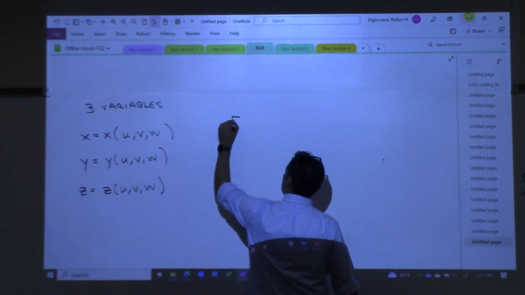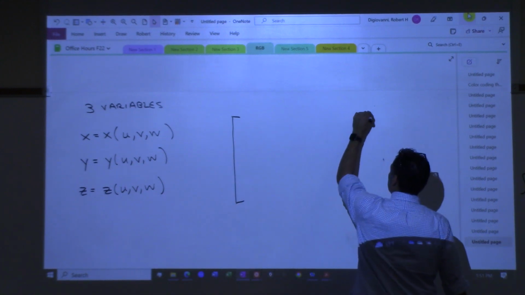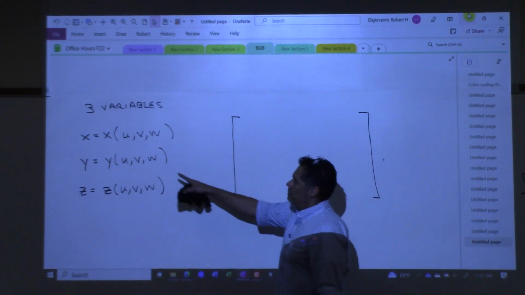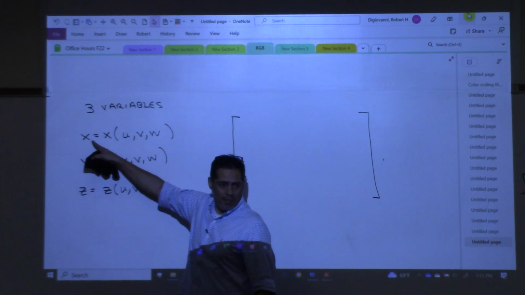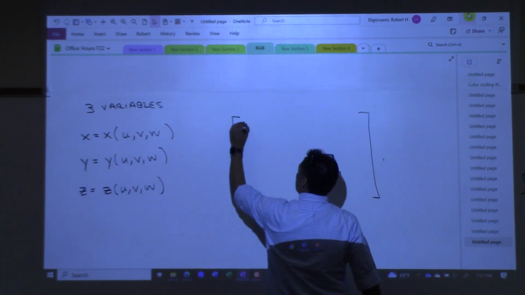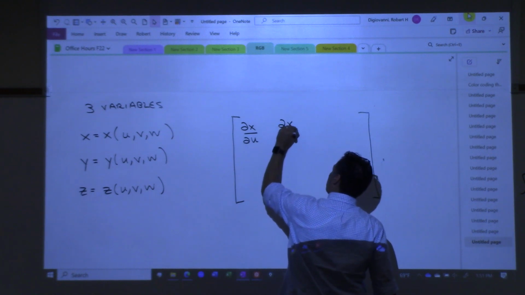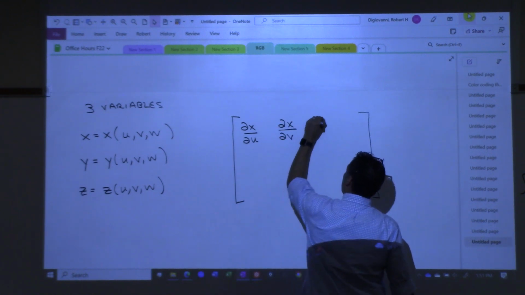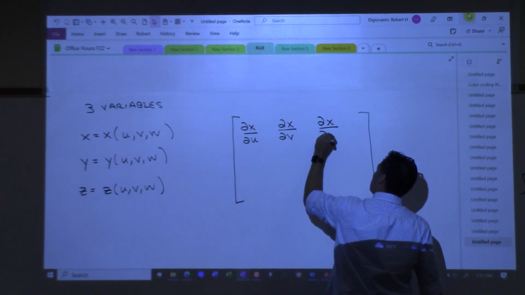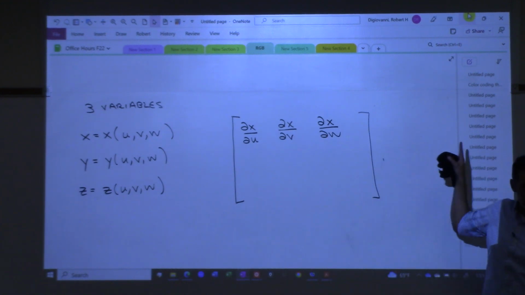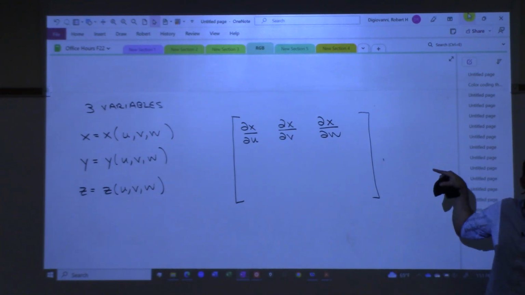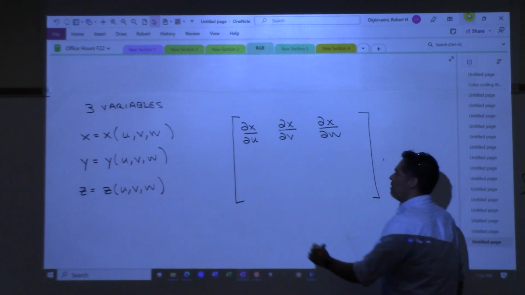The Jacobian is going to be, first variable, you take all of its partials. Partial x with respect to u, partial x with respect to v, partial x with respect to w. Understand? The 3 partials across the top. The next row, you do the same thing for y.